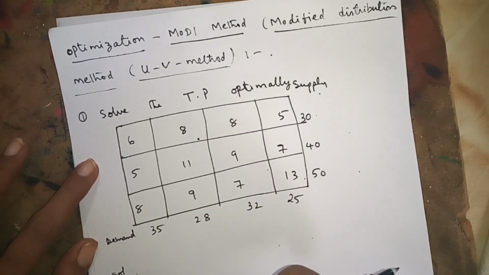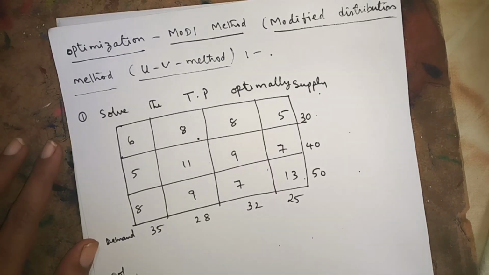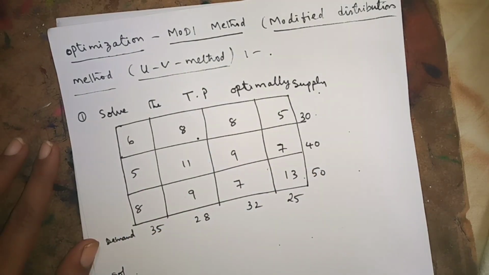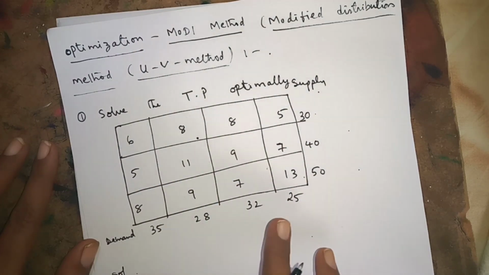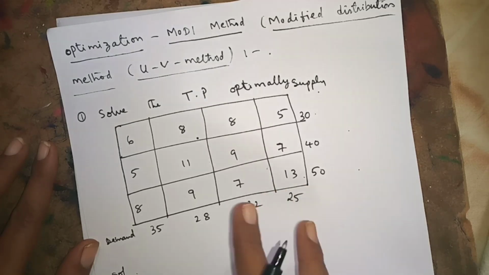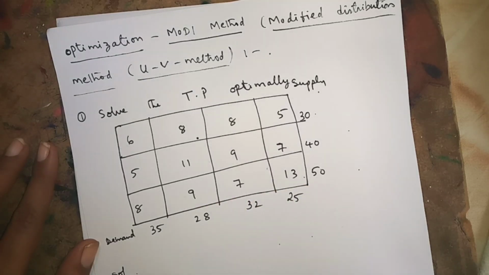That's why I will write only the occupied cells and the total cost, and then I will start the optimum solution problem. If you want, you can solve it on your own. It will take some time. That's why I am just writing the occupied cells and the total cost using Vogel's approximation method. If you want to learn Vogel's approximation method, just see the previous video.